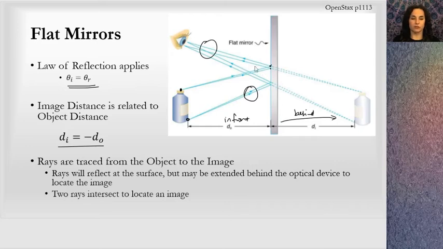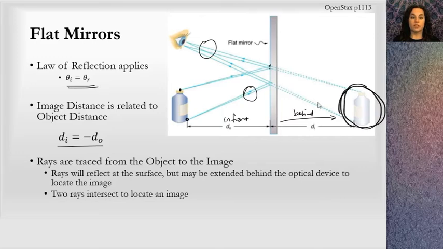So the eye sees the image and thinks the image is behind the mirror. So when we focus our eyes, we focus the distance from our eyes to where the image is behind the mirror. So you may see this in problem solving. You'll need to take that distance into account.